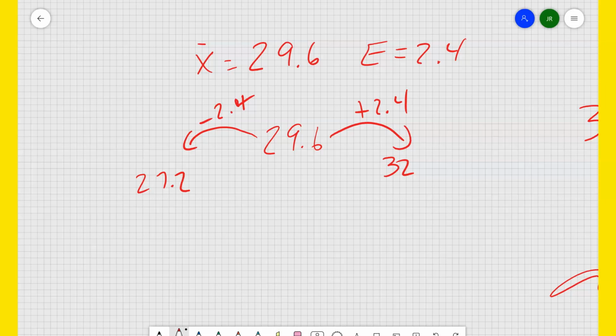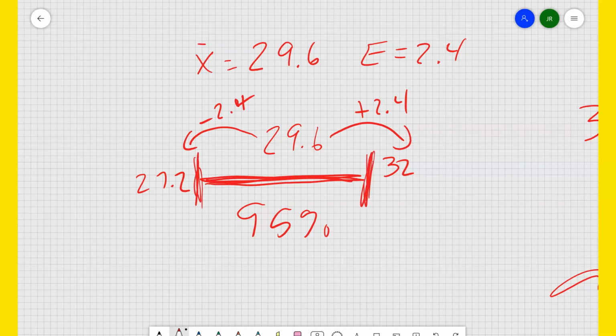So that means we are 95% confident that the true population mean is somewhere between 27.2 and 32. It means there's a 95% probability that the population mean is between those two values.